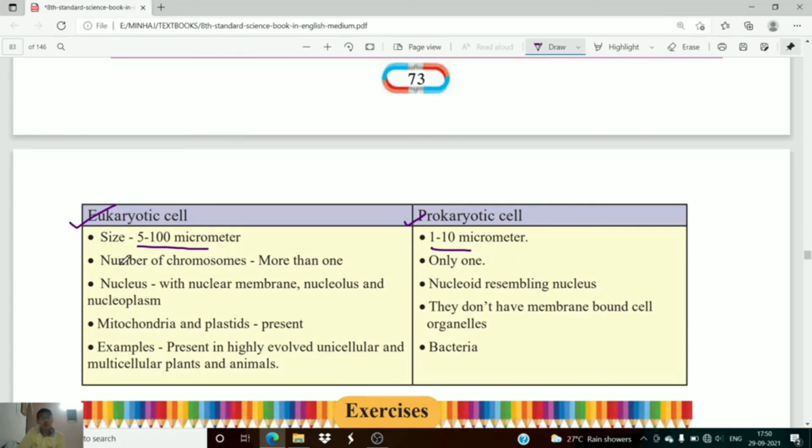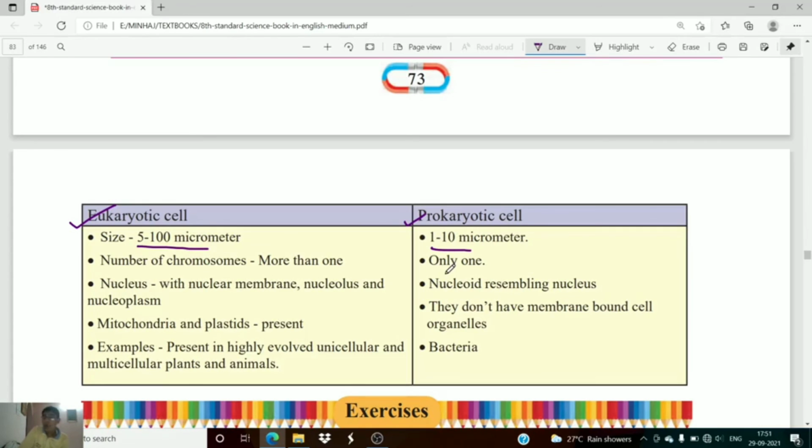The number of chromosomes present in a eukaryotic cell is definitely more than 1, whereas only 1 chromosome is present inside a prokaryotic cell. Then nucleus: definitely there is a nuclear membrane, and inside the nucleus you will find nucleolus and nucleoplasm, whereas in the prokaryotic cell you will find a nucleoid resembling a nucleus.